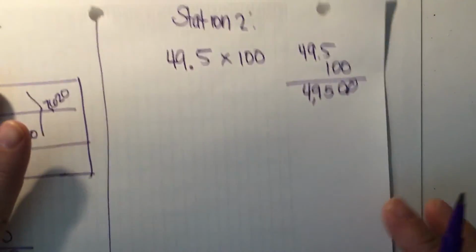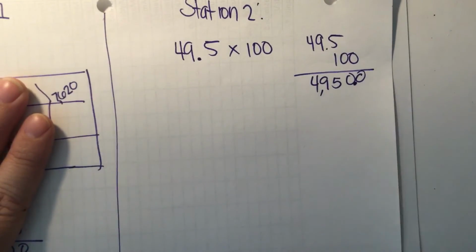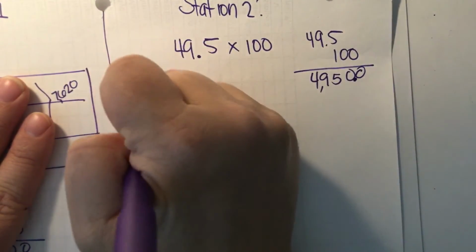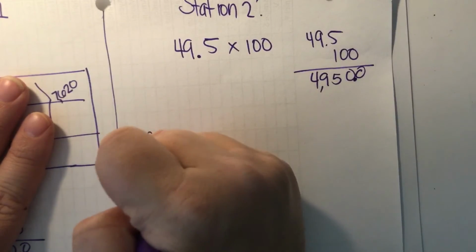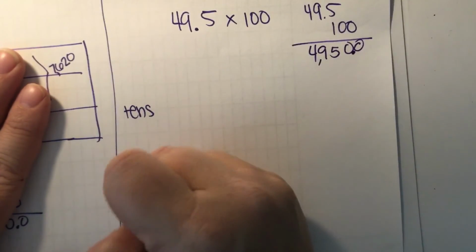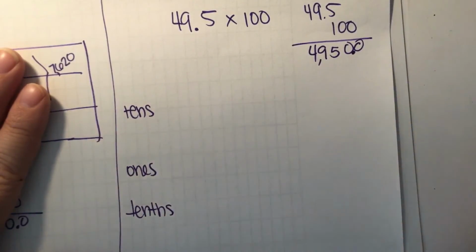Okay, here we go. I'm going to do the way that I did the first one, okay? I'll do my tens first, then I'll do my ones, and then I'll do my tenths, okay? We'll add them all together.